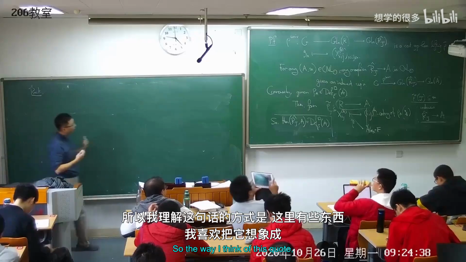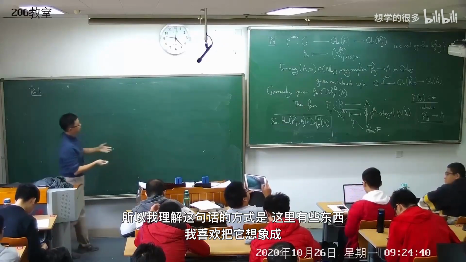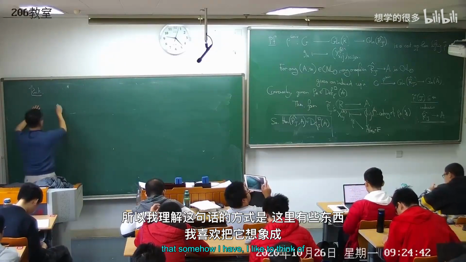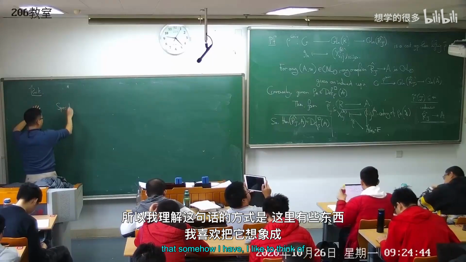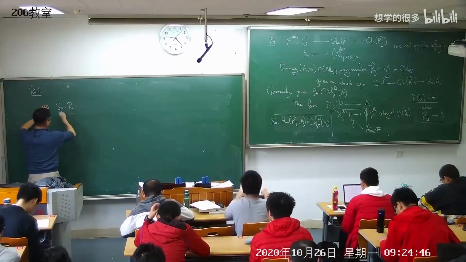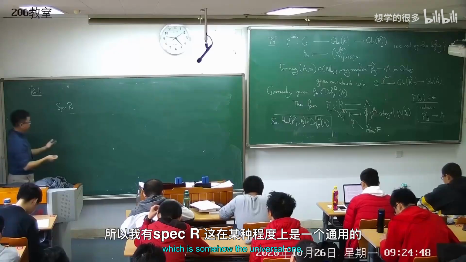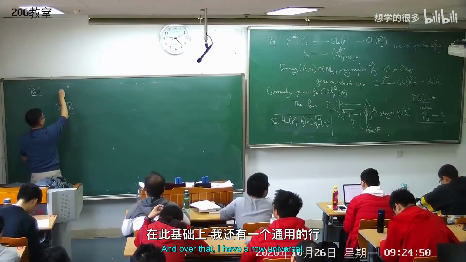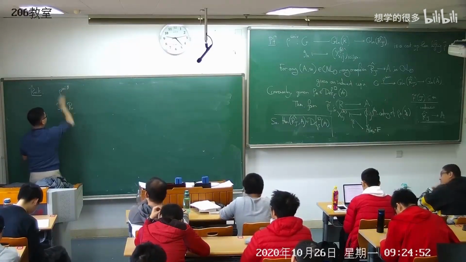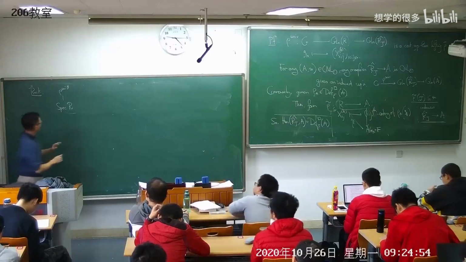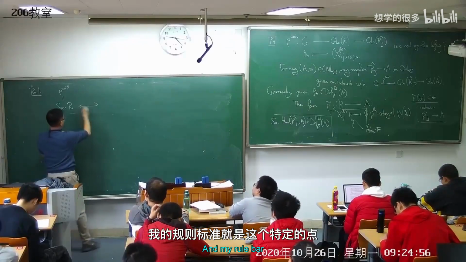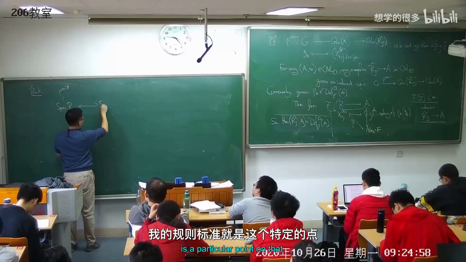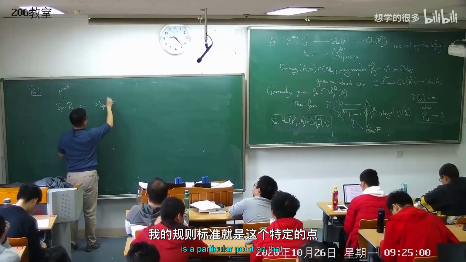So the way I think of what's going on here is in terms of schemes, not rings. So I have the spec R, which is the universal one, and over that I have a rho universal, right? And my rho bar is a particular point on that.